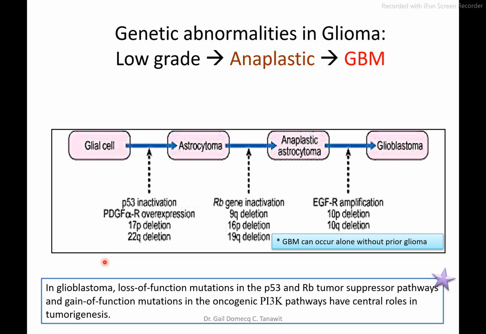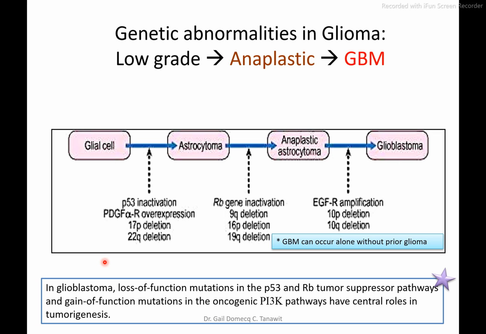So this is the pathway for the genetic abnormality in the glioma from a low grade, okay, tapos magiging anaplastic, then to the ultimate pang graduation, GBM. Okay, so there is a P53 inactivation, leading into PDGF alpha overexpression, 17p deletion, 21q deletion, leading into astrocytoma.